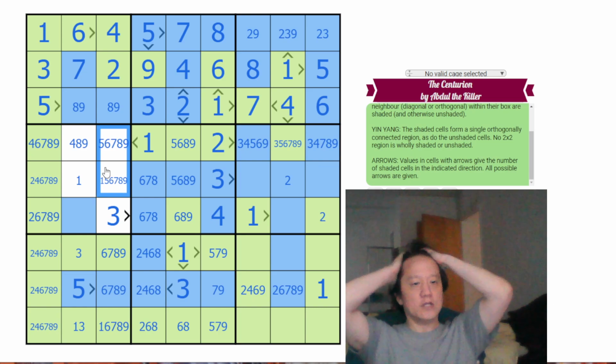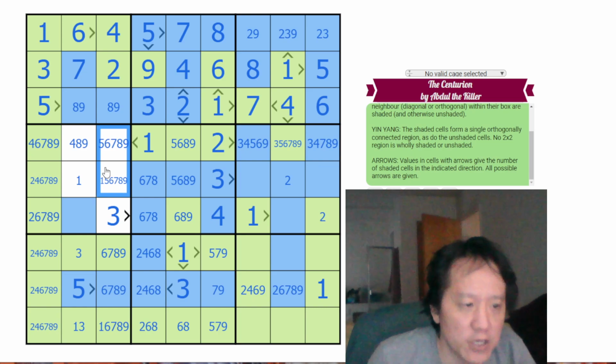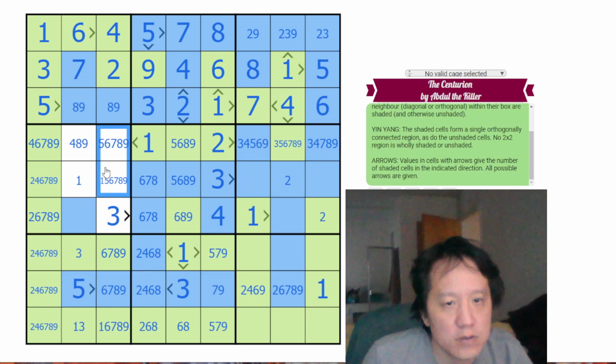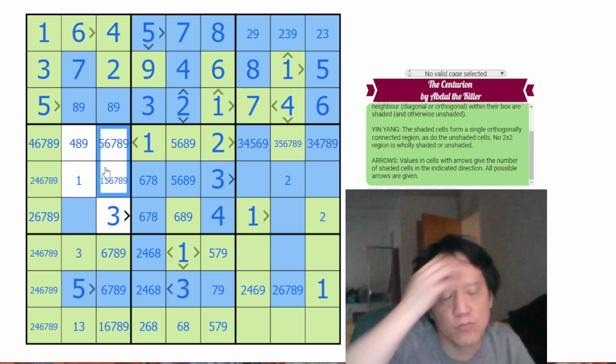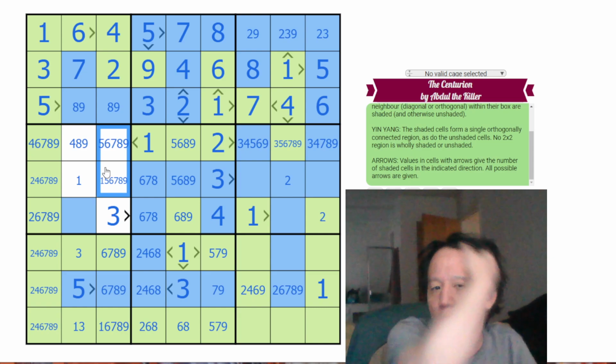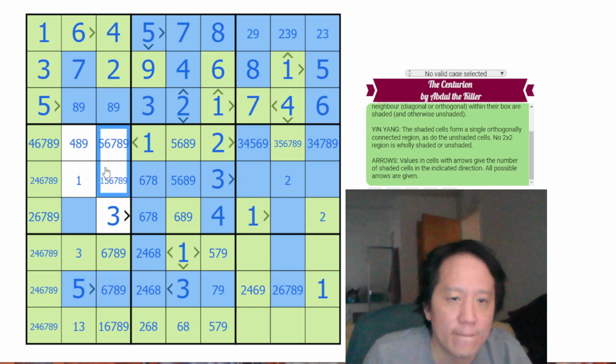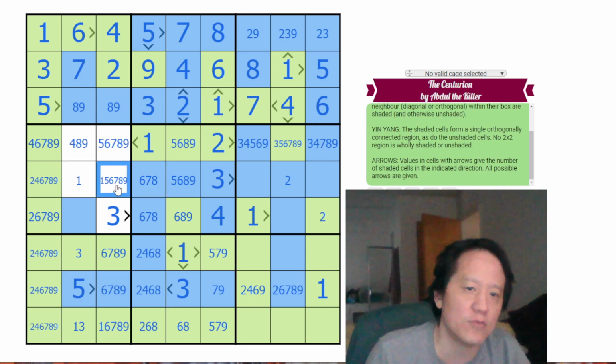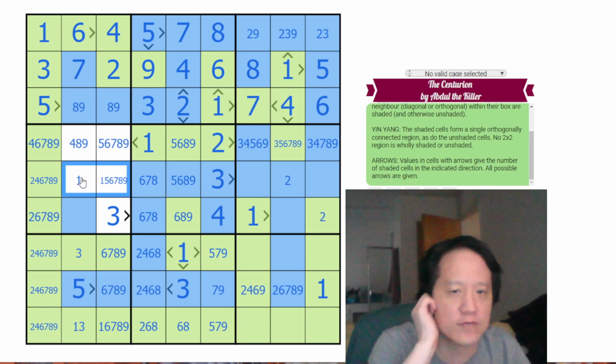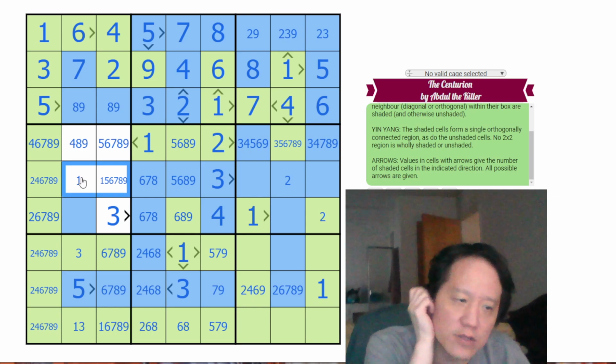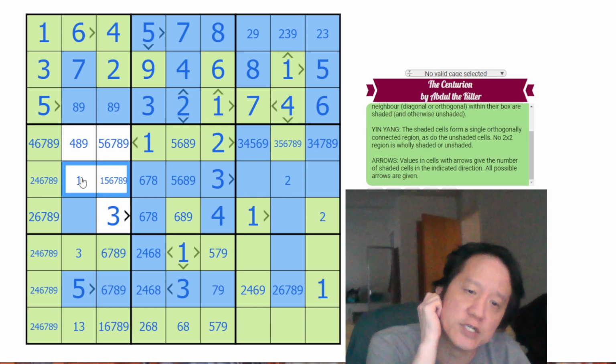Here, these both cannot be shaded. This can't be 1 and 1, interestingly enough. So it has to be either both shaded or non-shaded.